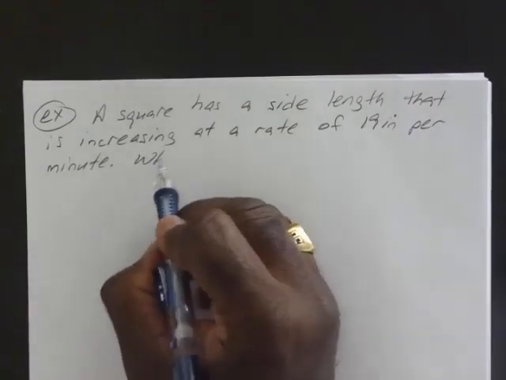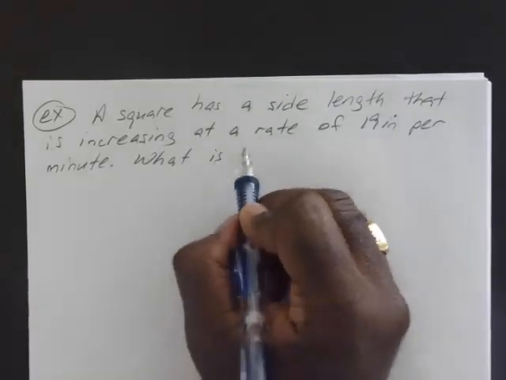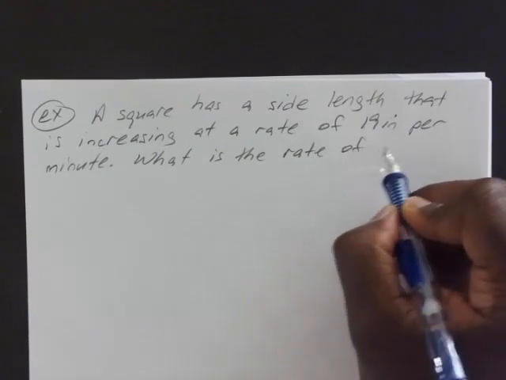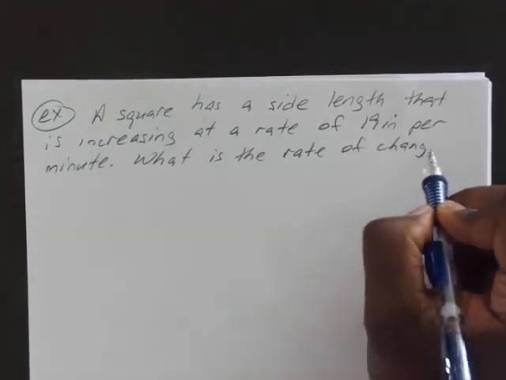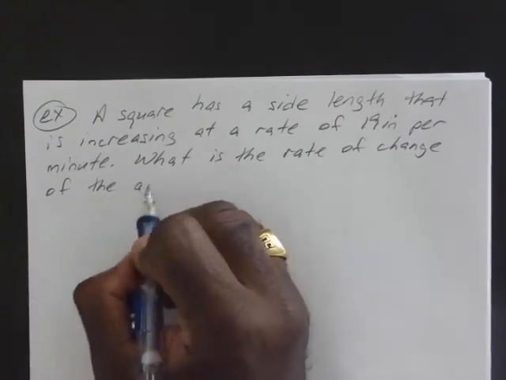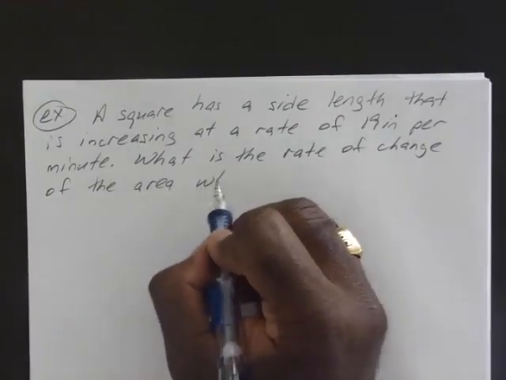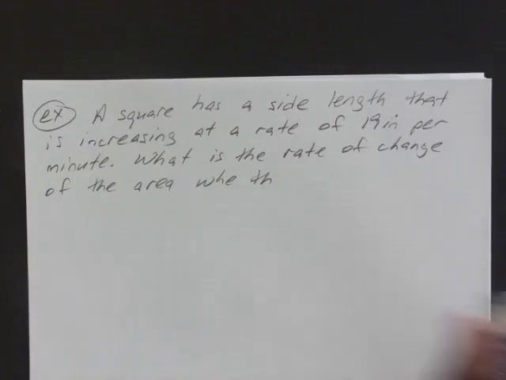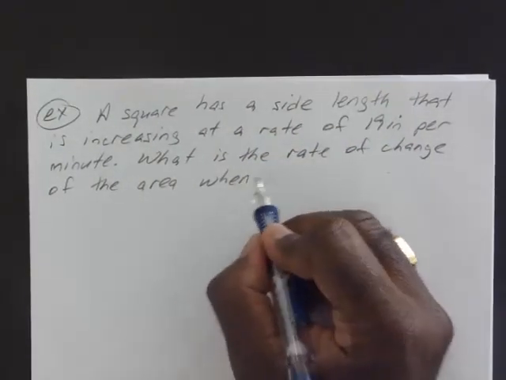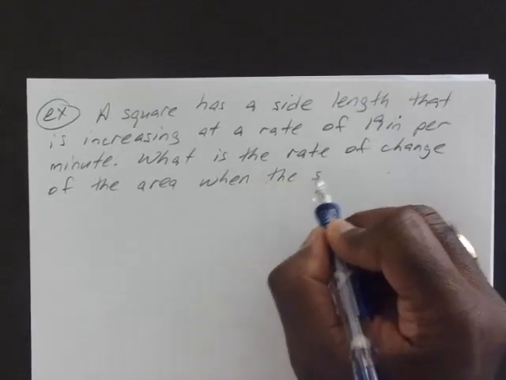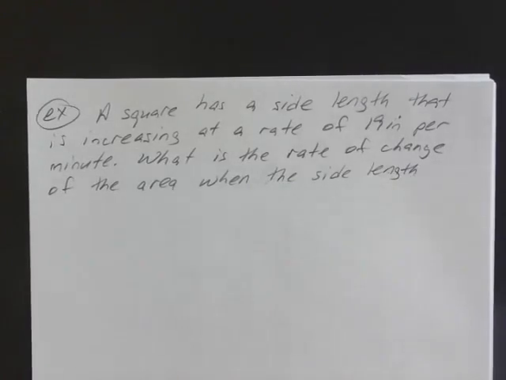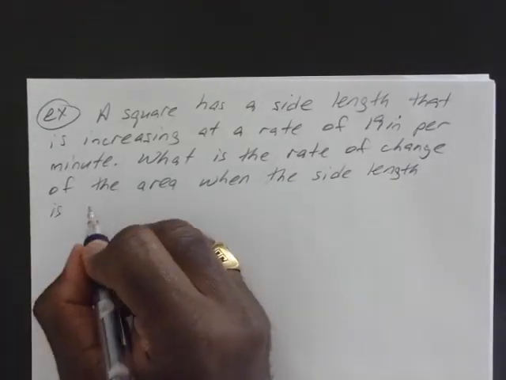And we want to know what is the rate of change of the area when the side length is 5 inches.